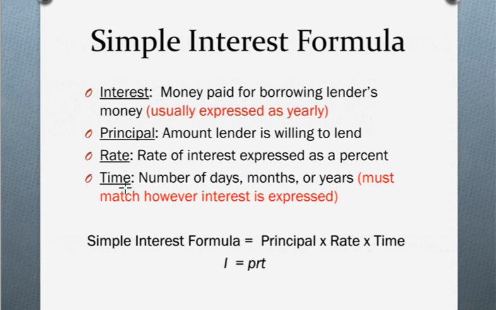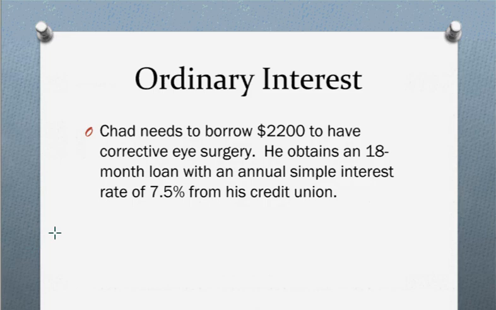Or, if your time is expressed in months and your rate is expressed in years, then you could change the rate to match the time. Whatever it is, these two have to match as far as their label goes. And then we just have this very simple, straightforward formula. I equals PRT.